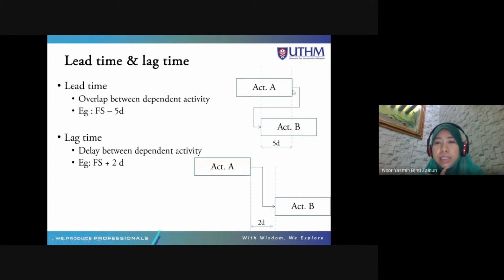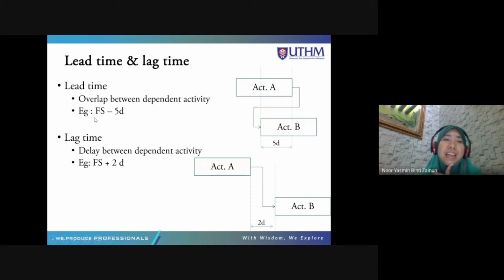And the relationship is finish to start. Alright. Means that when activity A is finished, activity B can start. However, it has lead 5 days, means that it can start 5 days before activity A finishes.